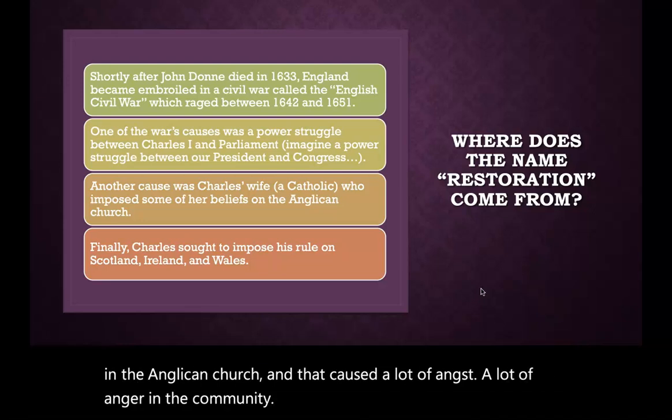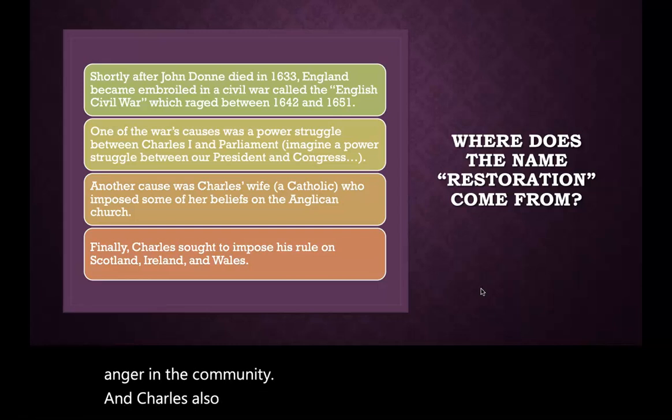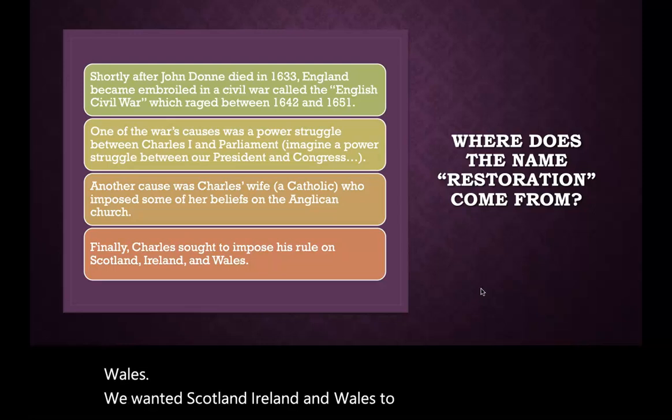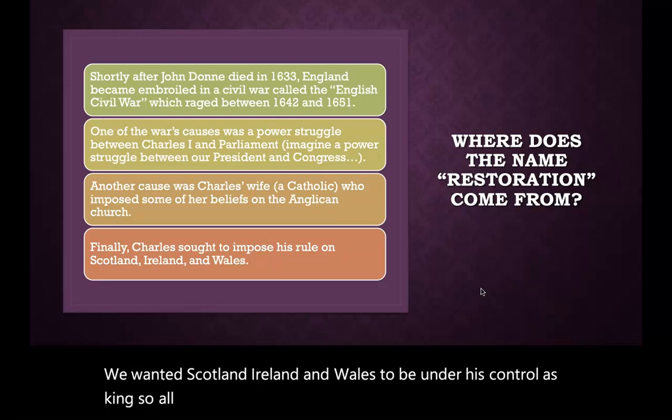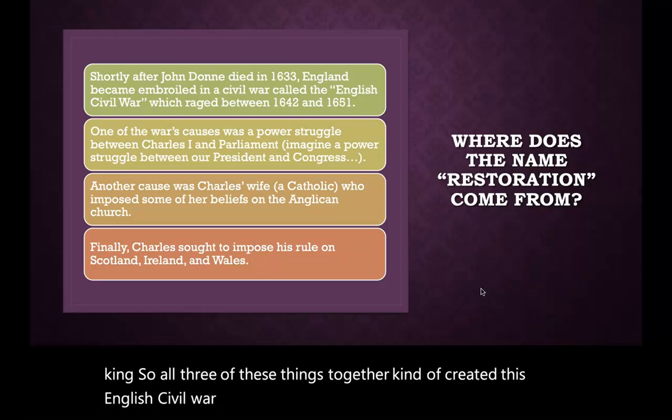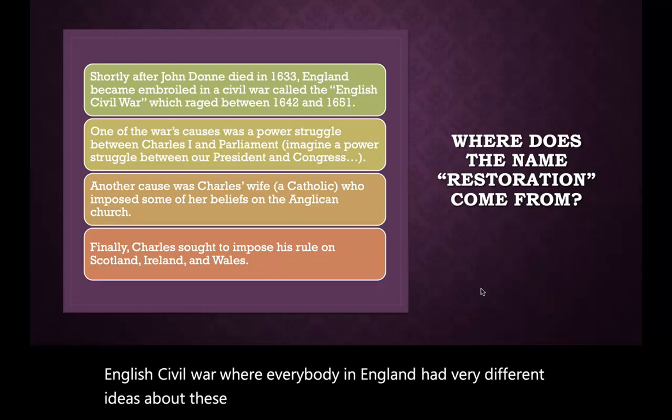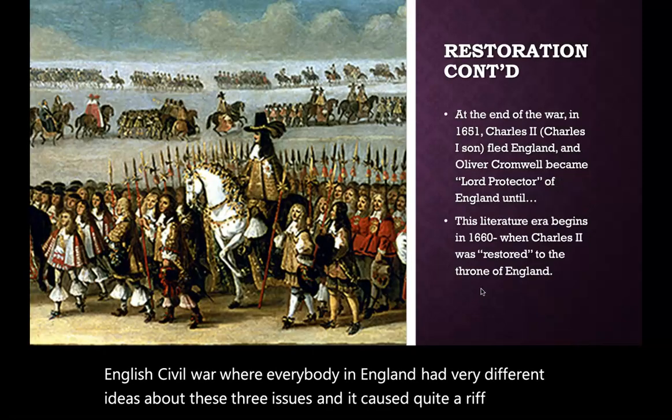And Charles also was trying to overtake Scotland, Ireland, and Wales. He wanted them to be under his control as king. So all three of these things together created the English Civil War, where everybody in England had very different ideas about these three issues, and it caused quite a rift in society.